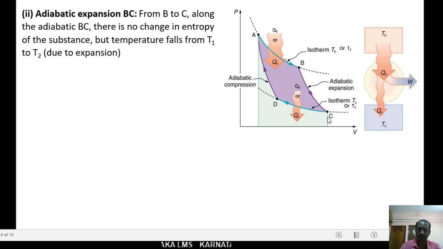In this case, the change in entropy between the limits B to C, dS is equal to 0 because Q by T is equal to 0. There is no change in entropy. Entropy remains constant and hence it is written as 0.